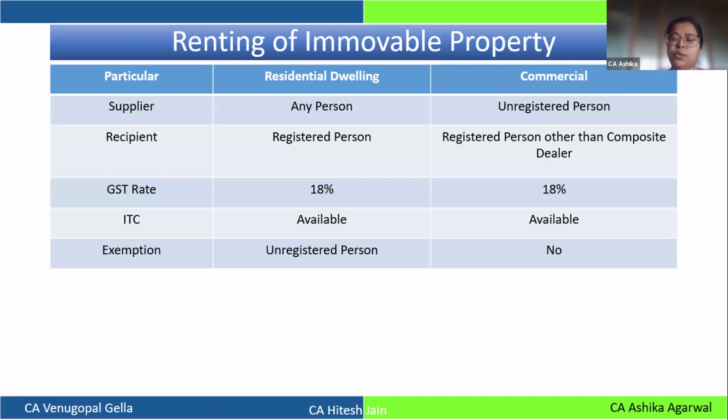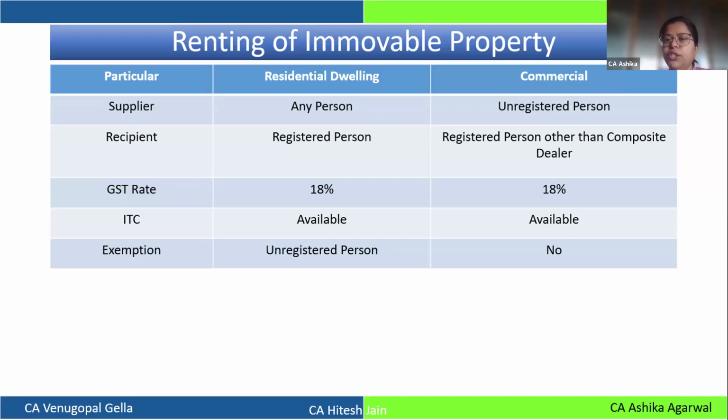So if residential dwelling is let out by any person to a registered person, then only RCM. But if it's let out to an unregistered person, then it is not under RCM because it is specifically exempted. Even though my provider is registered, it will be exempted if it is provided to unregistered person for residential dwelling or residential use. So if all these conditions are satisfied, then only.